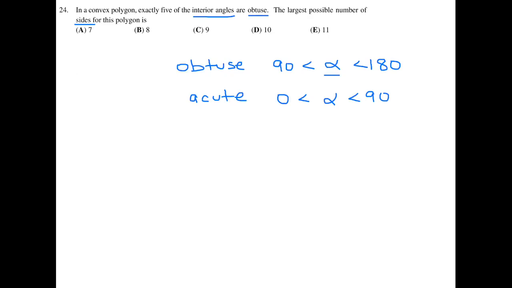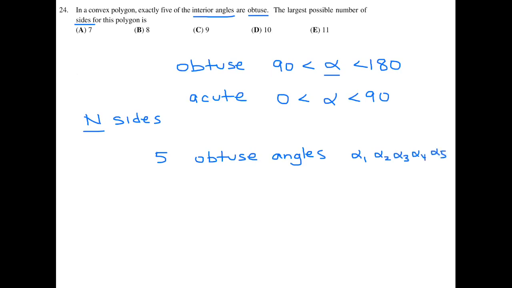Okay. So let's say it has n sides, this polygon. We don't know what n is. N is what we're trying to figure out. That means exactly 5 are obtuse. 5 angles. Okay? And I'll call them alpha 1, alpha 2, alpha 3, alpha 4, alpha 5.